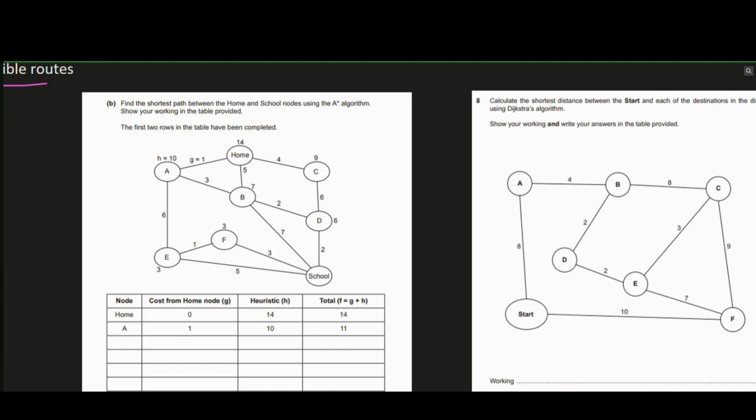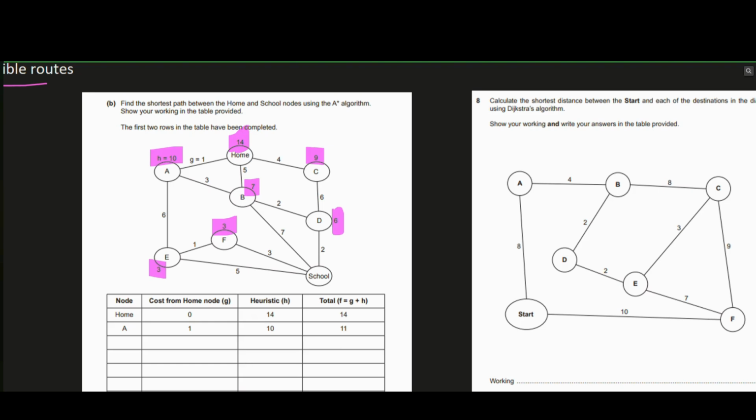And if you look from D, D to school, it is only 6, the heuristic function. How do you find out the heuristic function? The heuristic function is here. So these are all heuristic functions. These you need to understand.